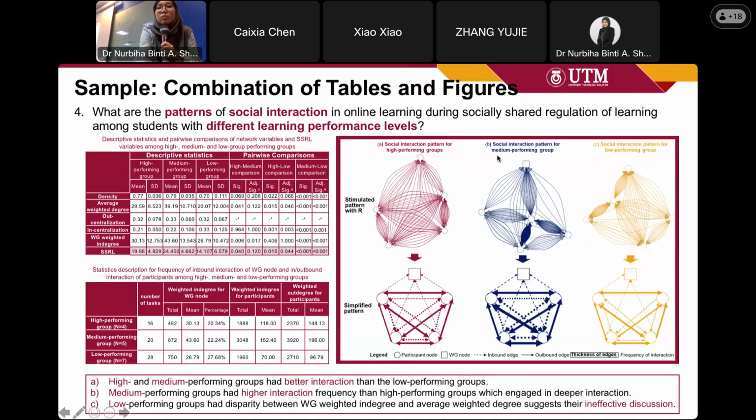Like this one, the blue lines are not that frequent compared to other lines. So you can combine both if it can give additional insight and you can explain more about the data. Then you can repeat your information in the table and figure.